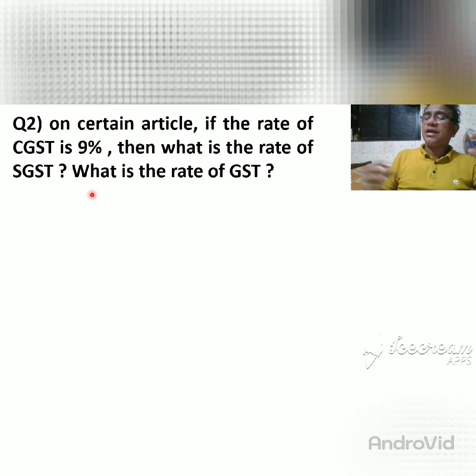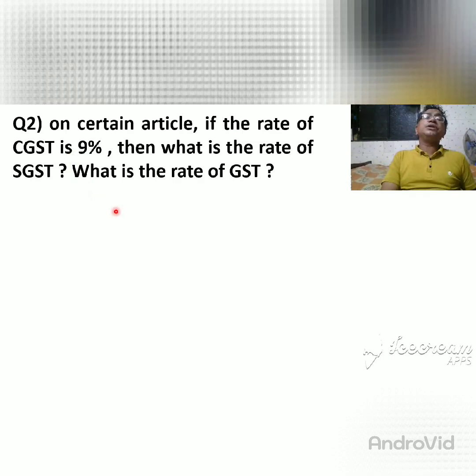Suppose CGST 5, SGST 5; CGST 10, SGST 10; CGST 9, SGST 9. So SGST is equal to CGST, which is 9.